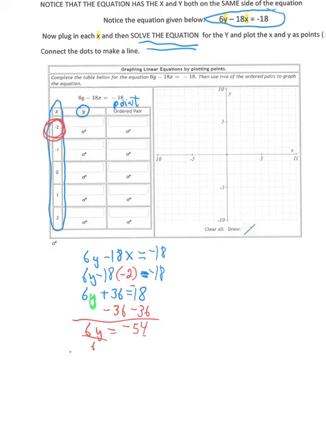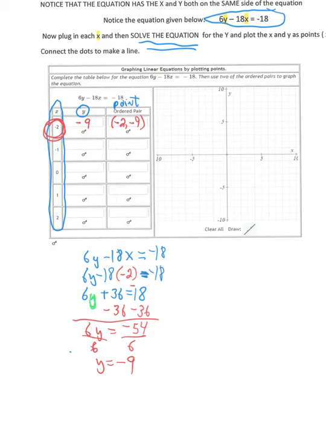And then I divide by 6. And I get y equals negative 9. So you look at all the work it took to get that y. So my y turns out to be negative 9. And the point is negative 2, negative 9. And we'll be able to plot that one because we go as high and as low as 10. We'll be good. We won't have anything off the charts, as we should say.